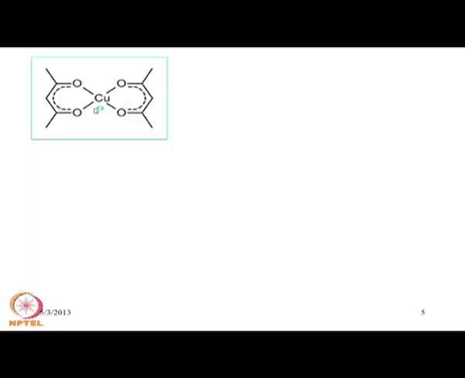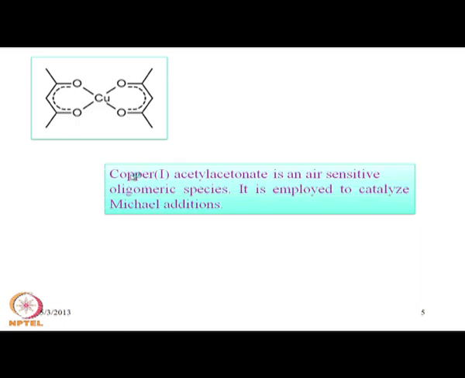In case of copper, we have the corresponding situation for the copper 2 compound. If it is a neutral compound, copper is present in the bivalent state. But some compounds, like the reduced form of copper, can also be stabilized in the cuprous state.